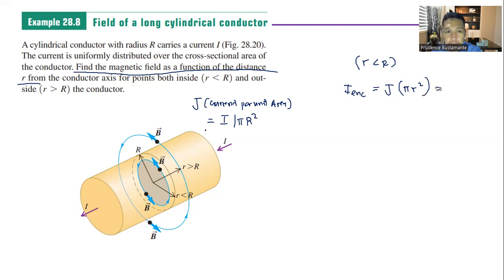So here we have I over πR squared times πr squared. So cancel this one, and we have the enclosed current equal to I times r squared over R squared.